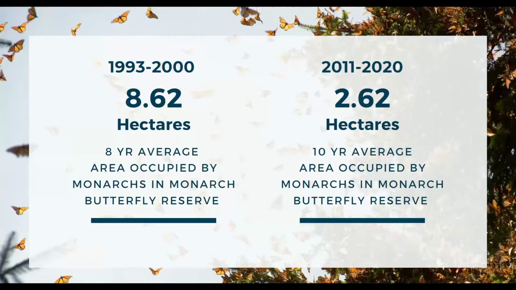You can look at the numbers I've put out here. From 1993 to 2000, there were approximately 8 hectares occupied by the monarchs in the Monarch Butterfly Reserve. Then from 2011 to 2020, the average went down to 2.6 hectares. That's a precipitous decline.